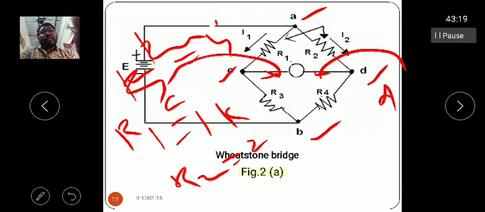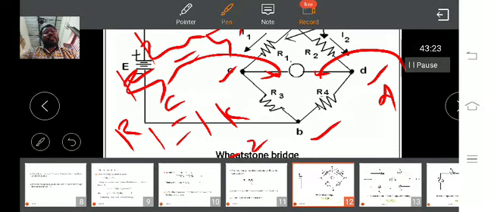Find the R4 resistor if the circuit is balanced. Then you have to know that R1 R4 is equal to R2 R3, so R4 is equal to R2 R3 by R1. Then you can easily find the unknown resistance.